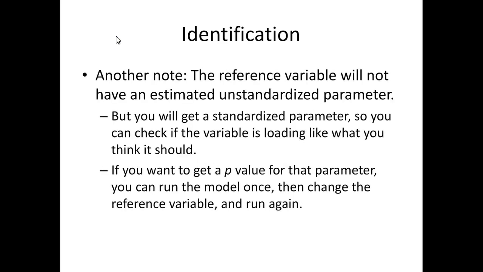And whichever variable you scale, you don't get an unstandardized estimate. Okay, so you don't get the B slope. You do get a standardized parameter, so you can see if the variable loads like what you expect it to load. But if you want a p-value for that parameter, you can run the model once, change the reference variable, and run it again.